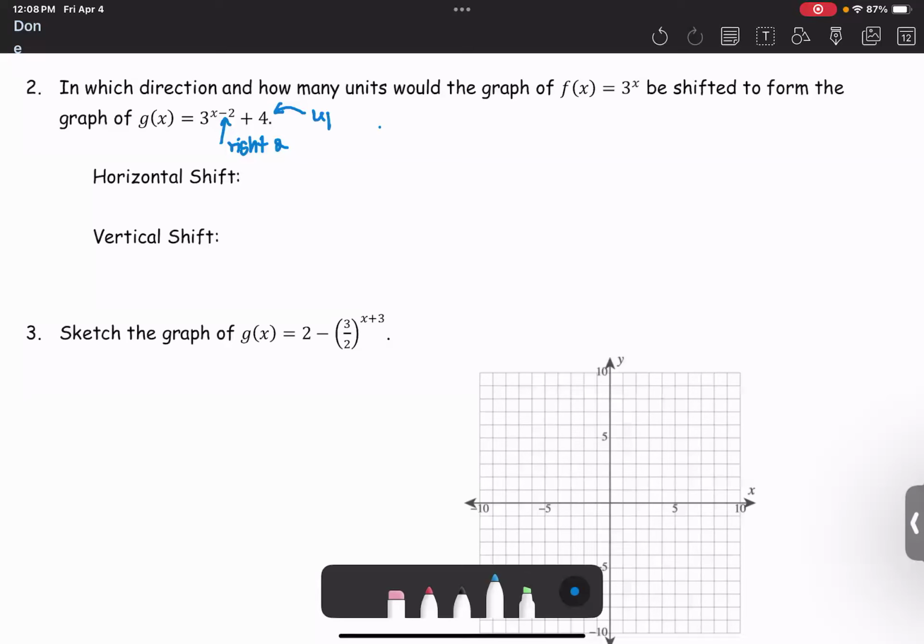So that means the graph is shifted upward 4 units. Therefore, we're going to summarize it as this graph shifted from the basic graph 3 to the power x by horizontal shift. That means go to the right 2 units. And vertical shift upward 4 units.